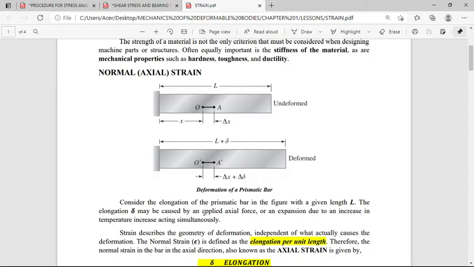Pwedeng applied axial force or yung external load, or maybe due to expansion due to an increase in temperature. Na-discuss ko rin kung ano si creep and kung ano si expansion due to temperature changes. Kagaya ng steel, or meron ding ibang materials na nag-expand due to increase in temperature.